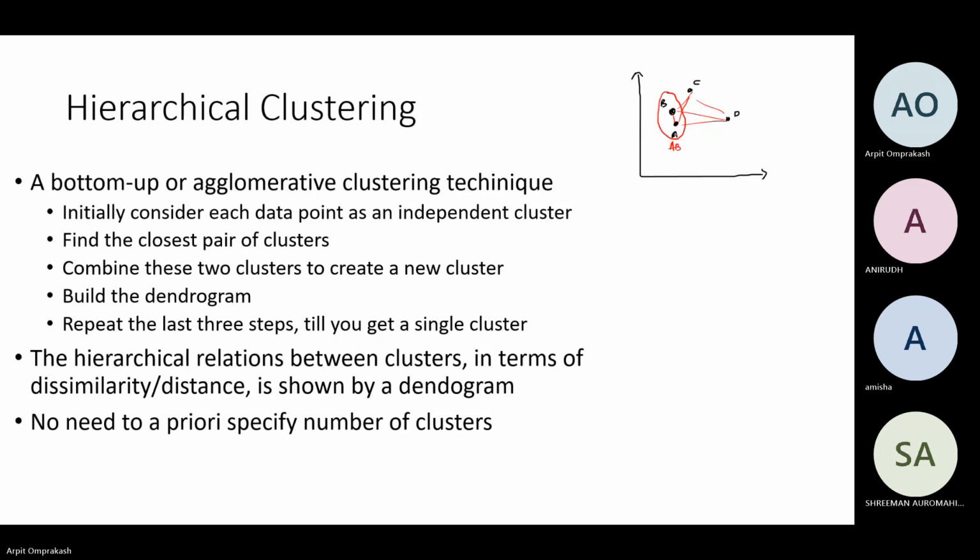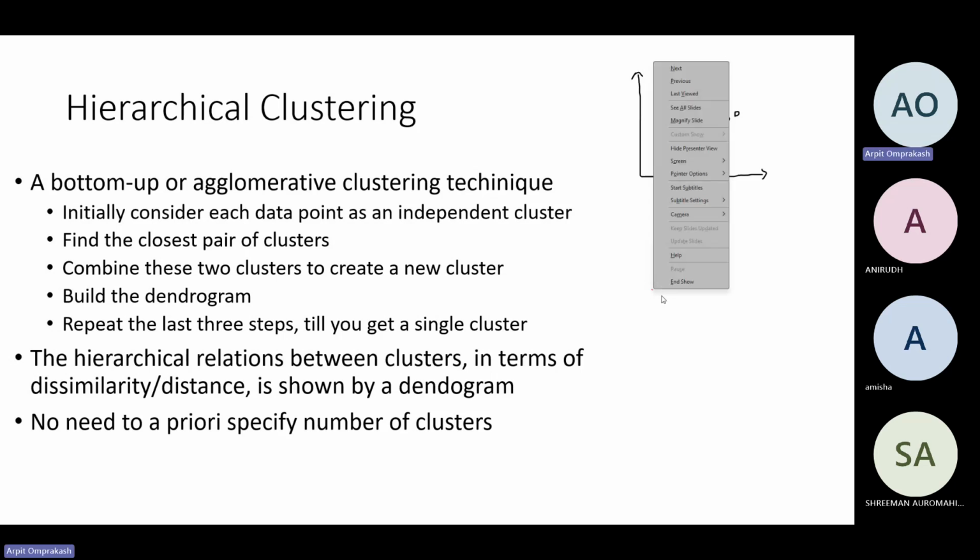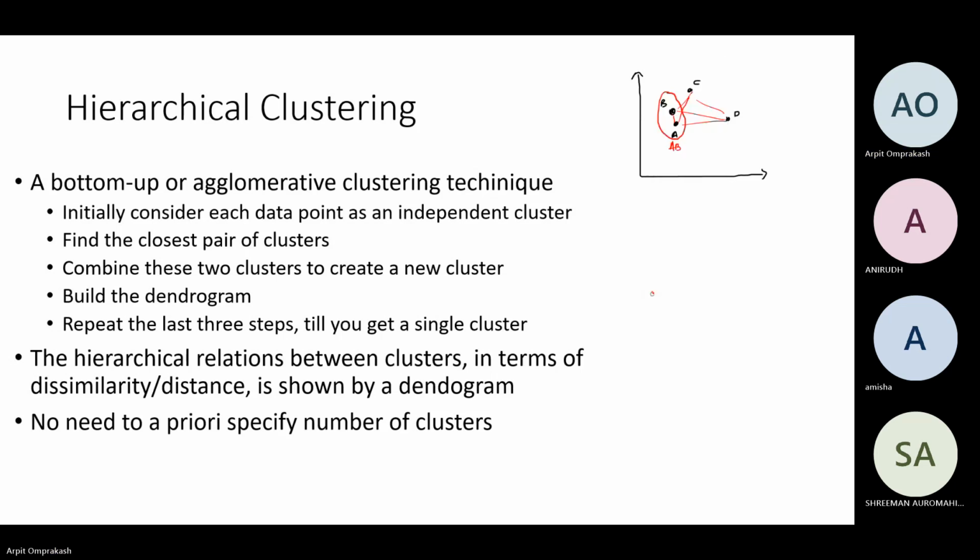Then what you do, you build a dendrogram. So a dendrogram is basically, let's say you have, since we are merging A and B, we put A and B and then we connect them like this.